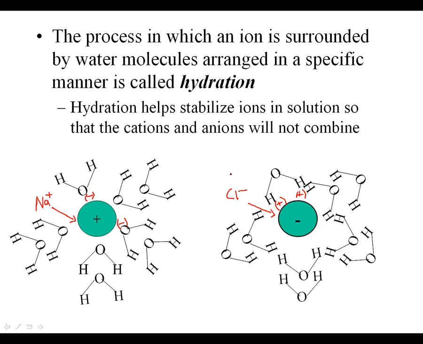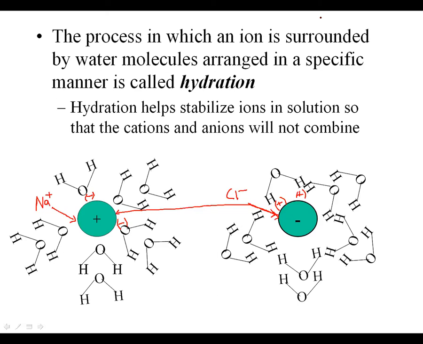Water also, in this case, helps prevent the two ions from coming back together, because there is such an attractive force between the positive sodium ion and the negative chloride ion. That force of attraction is that intramolecular force.